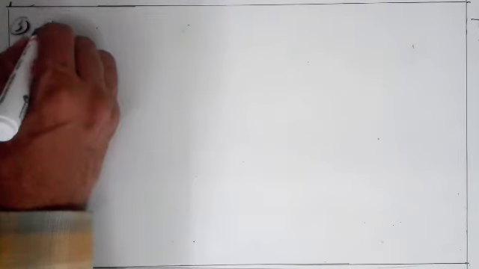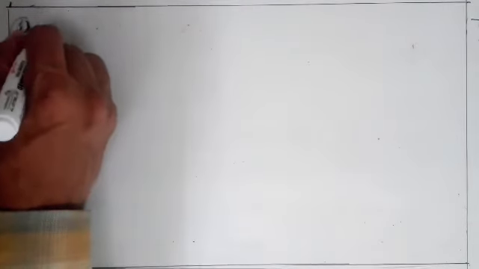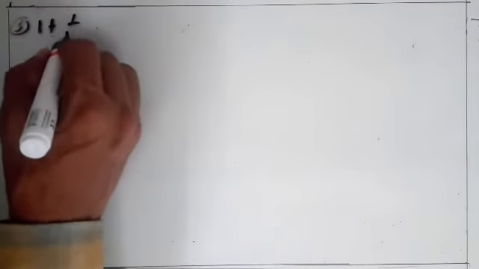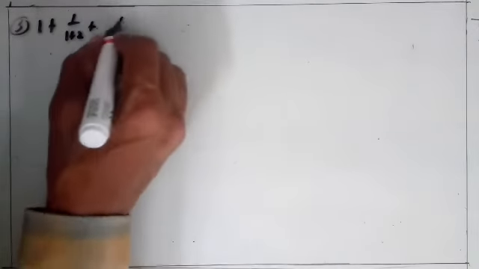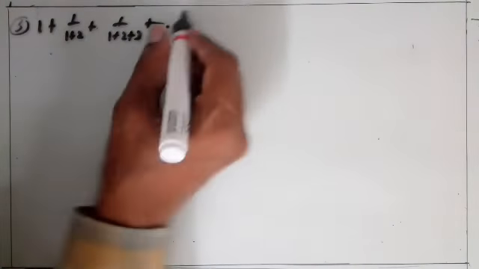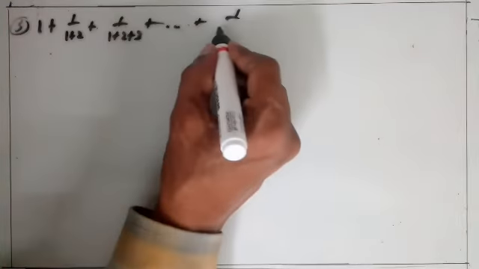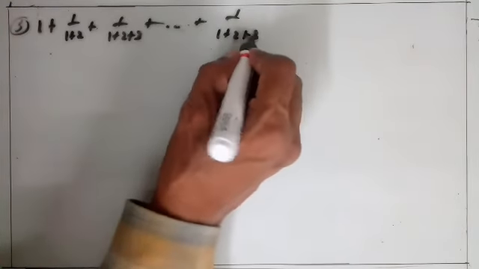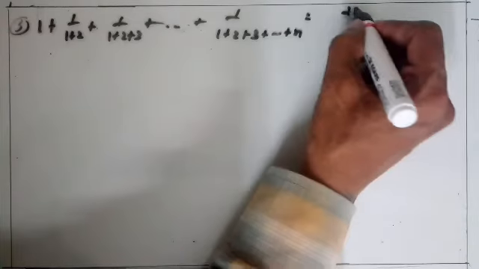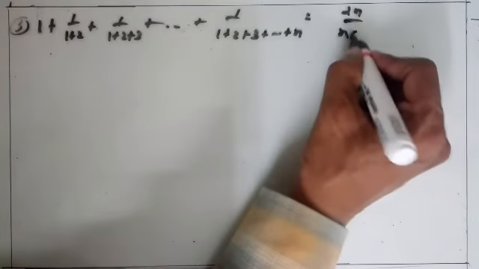Now question number 3. Prove that 1 plus 1 upon 1 plus 2 plus 1 upon 1 plus 2 plus 3 plus up to plus last term 1 upon 1 plus 2 plus 3 plus up to plus n is equal to 2n upon n plus 1.